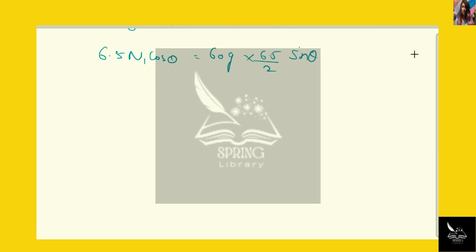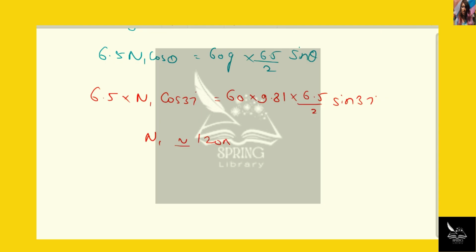Now put all the data in this equation. So this is 6.5 into N1 cos 37 degree is equal to 60 into 9.81 into 6.5 by 2 into sine 37 degree.